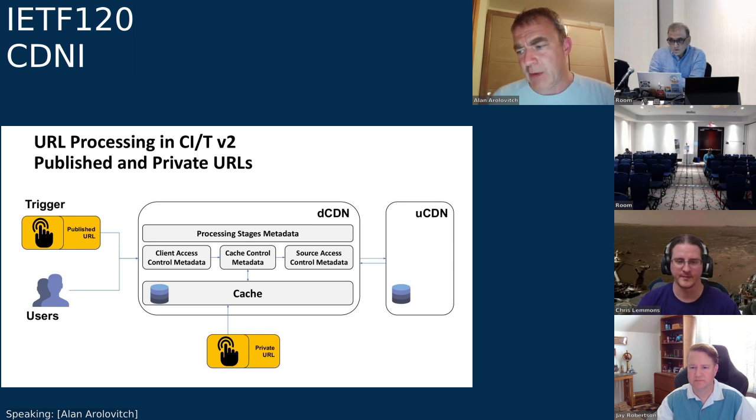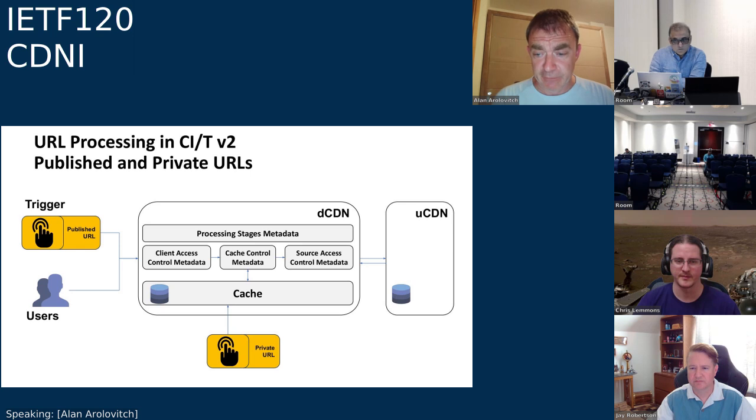Or to access the origin when you're doing preposition, you have to use the authentication information provided, or rewriting and things of this nature. So even if you're not doing a private URL, you're doing published, which is the default, we are spelling out what the support means. And a private URL implies that DCDN would have to bypass all of that and use URLs as provided without any processing.